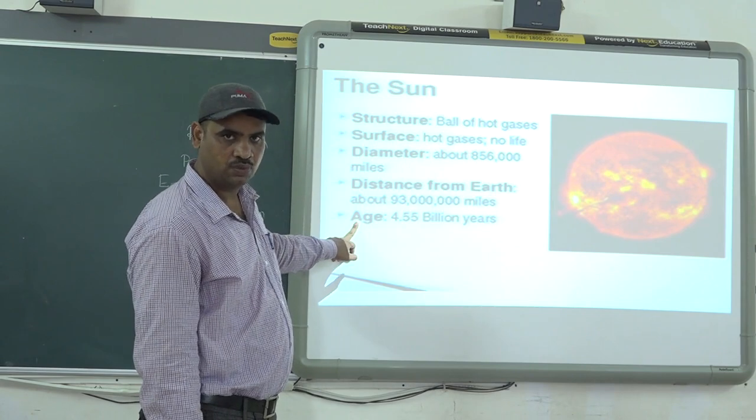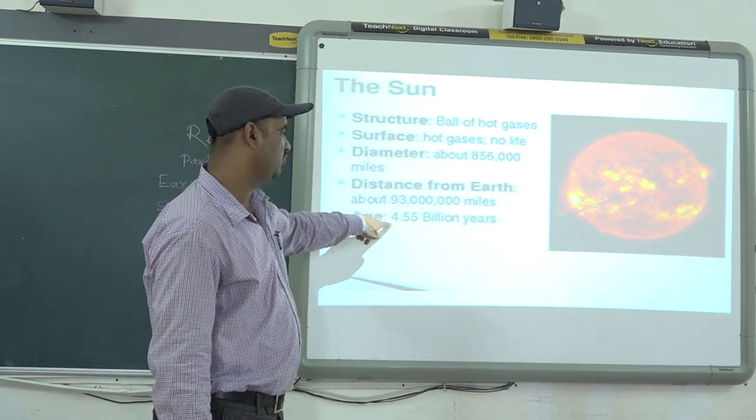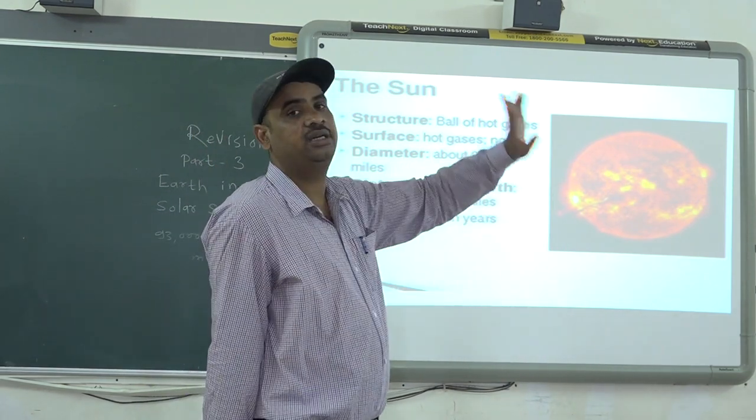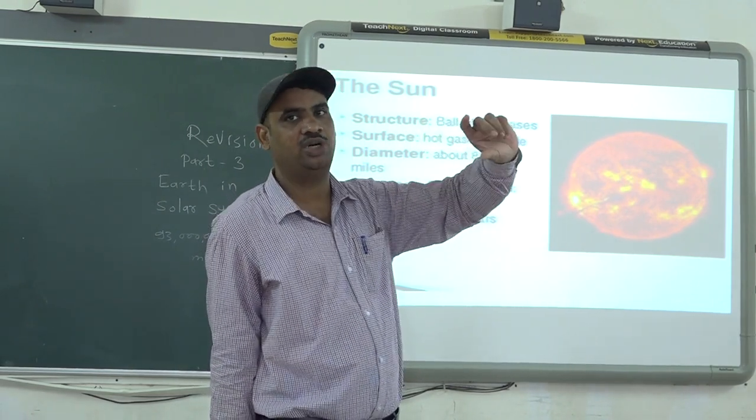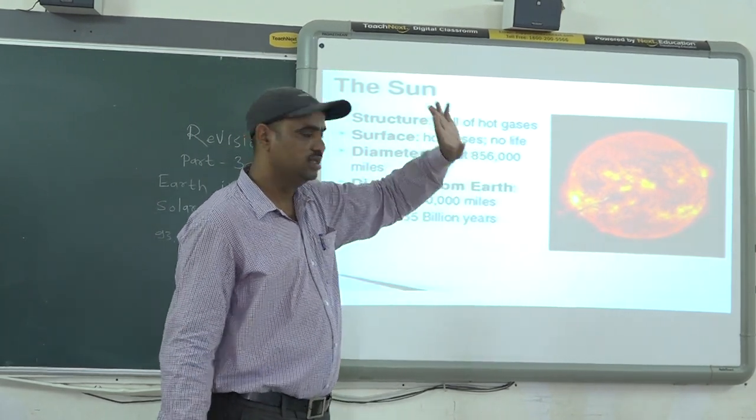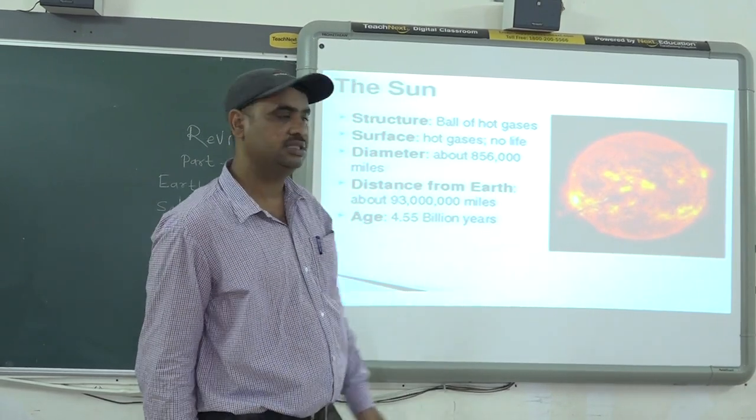And the age of the sun is 4.55 billion years. This is not short, it is quite long; we have had the sun for so many years.